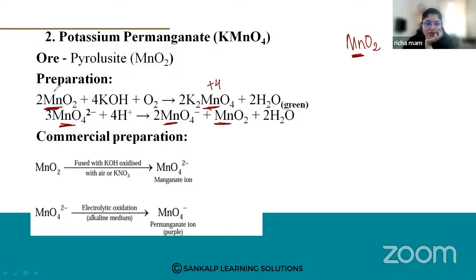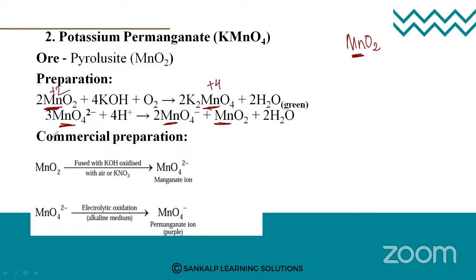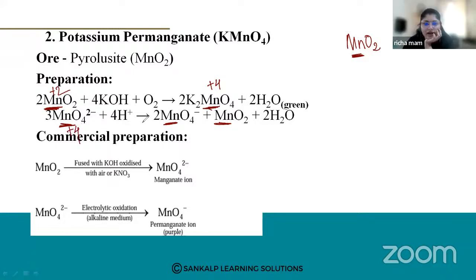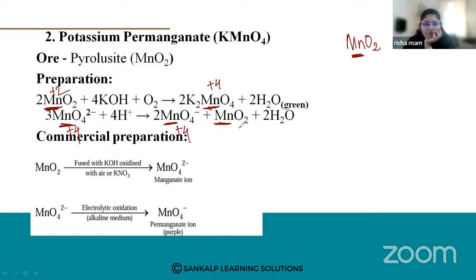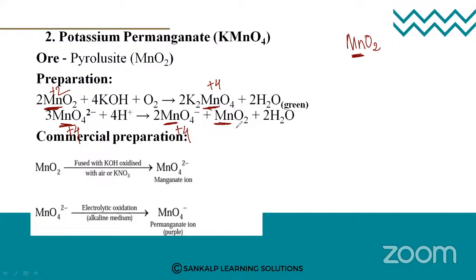Okay, this you told +2. And then MnO4 2 minus is +4, ma'am. And MnO2 +2. Okay, let me see.